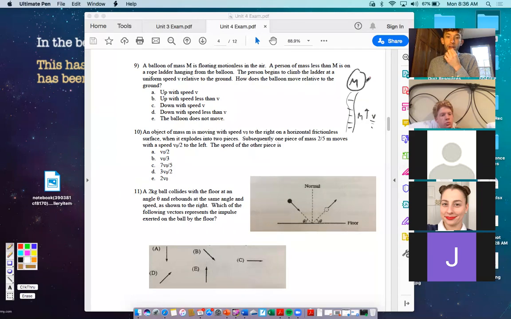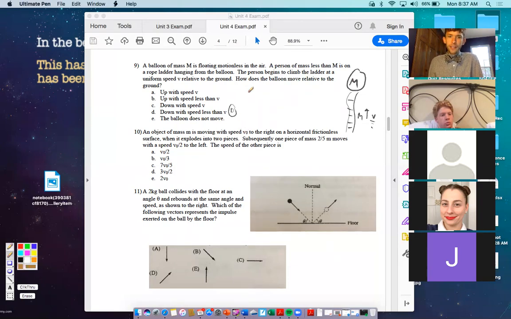Well, he's pushing down on the rope ladder, and therefore on the balloon, whose mass is big M. To pull himself up, he has to push down, Newton's third law. So he pushes down, the ladder pushes him up. Well, he's pushing down with that force, but the balloon has a bigger mass. So the balloon is going to be accelerating downward, but with less acceleration. So therefore, the balloon is going to be getting a smaller velocity. So the answer to 9 has got to be D.